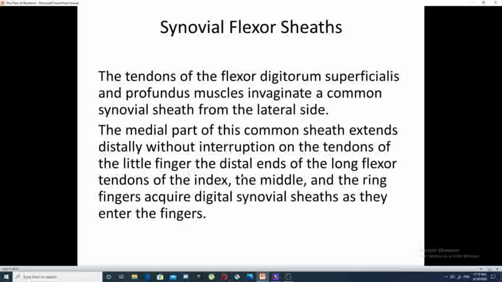The distal ends of the long flexor tendons of the index, middle and ring fingers will acquire digital synovial sheaths as they enter into the fingers.